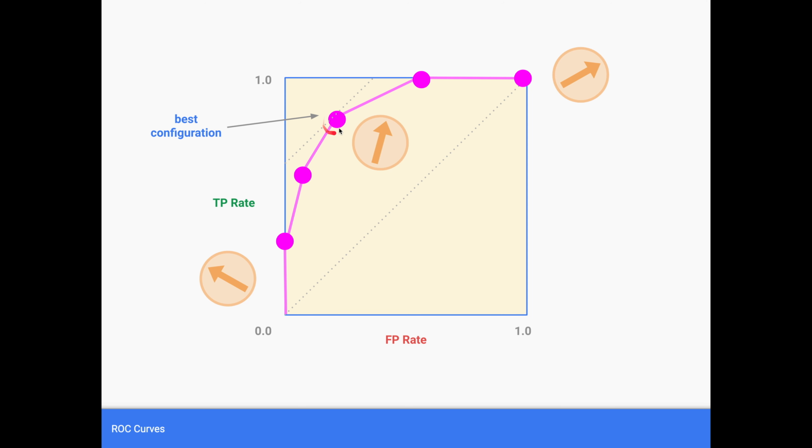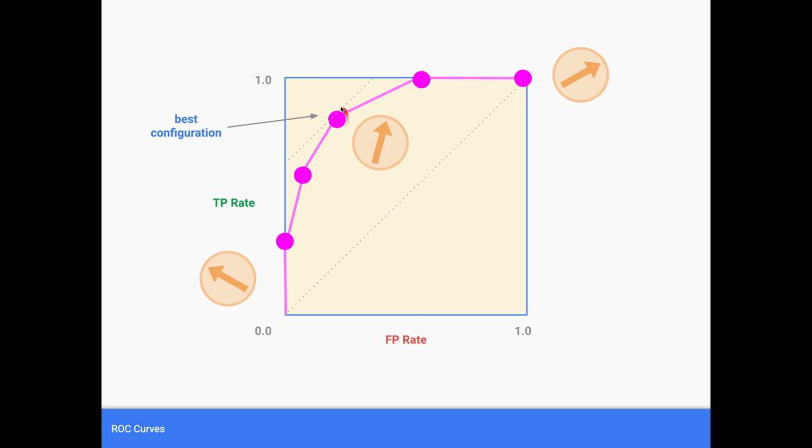And here we can see that it's this configuration. Whatever we dial this parameter to, this knob, this is the one that seems to have quite a good true positive rate and not such a bad false positive rate. If we dial it up, we might be able to increase true positives, but the false positives go up as well.